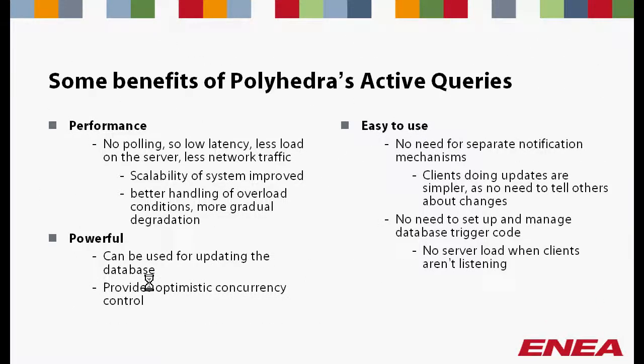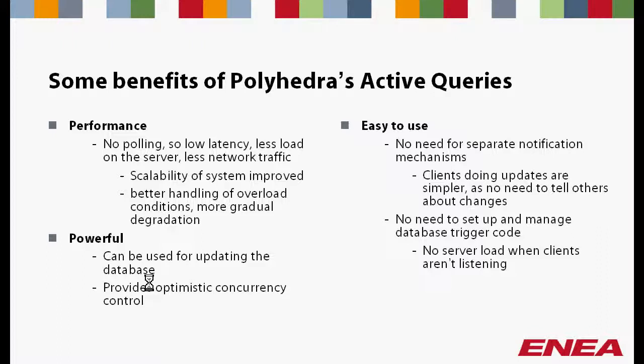So, in summary, why use active queries? Basically, they give you the performance you need. There is no polling, and the latency is very low, and the load on the server is very low indeed.